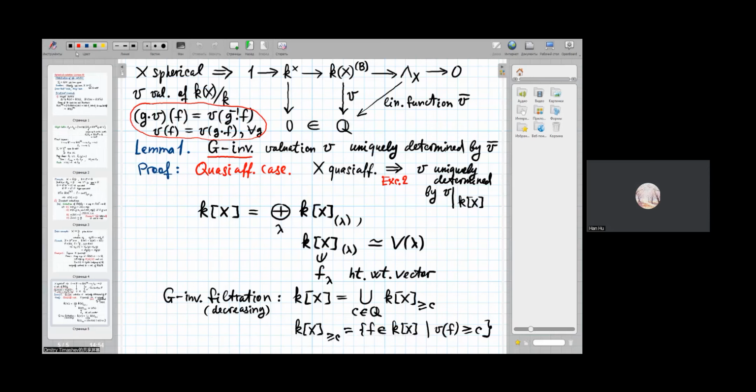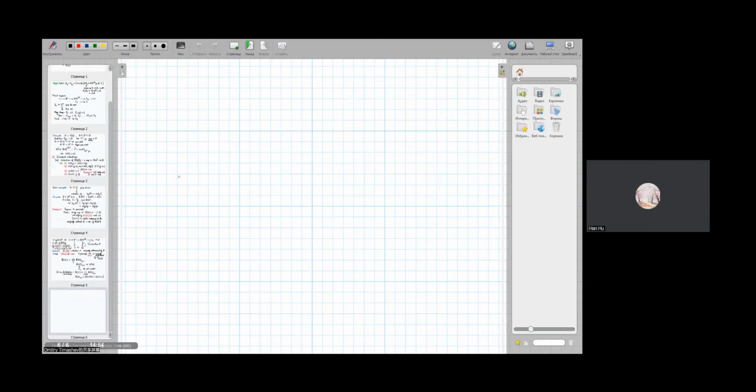Now, for any weight lambda, let me turn to the next page. For any weight lambda and for any C, we get the following. Either this filtration term K of X greater than C contains the irreducible summand corresponding to the highest weight lambda, or the intersection is 0.